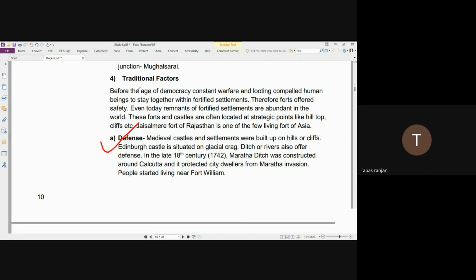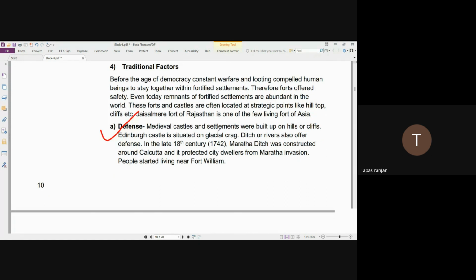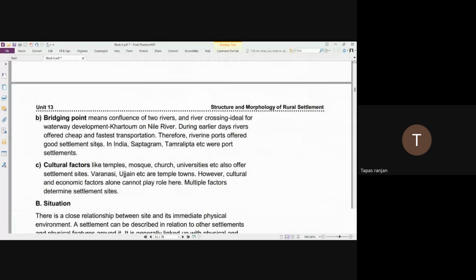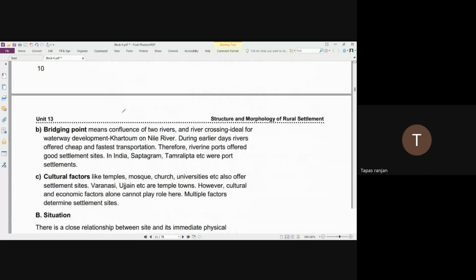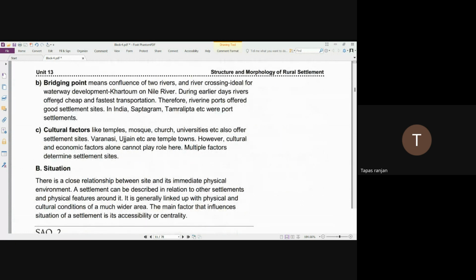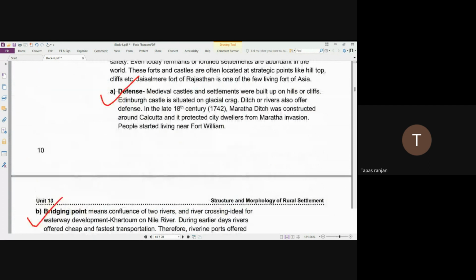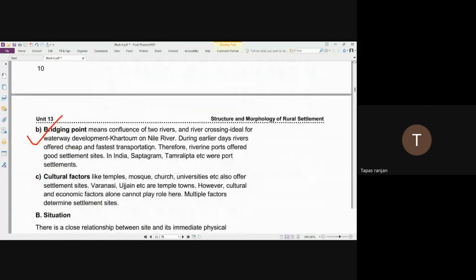So defense is one of the traditional factors. Then you have a breaching point, just like the point that we have already discussed in the nodal points. So this can actually help you understand. Okay, so this breaching point is basically the nodal factor.